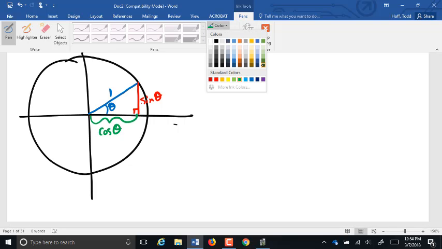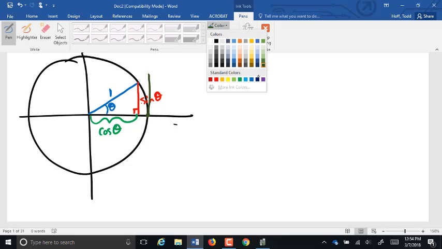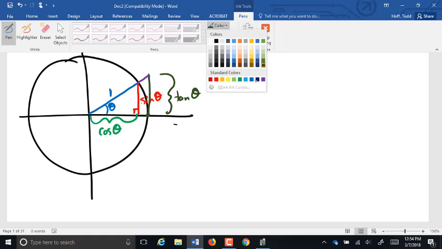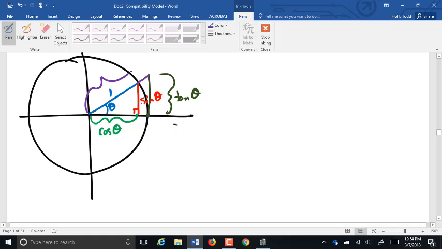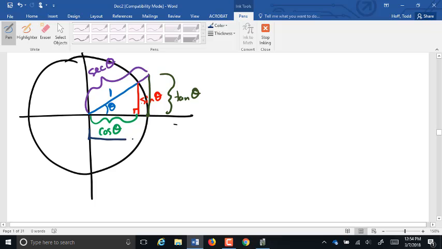But I also have a bigger triangle that's formed here to here, where this length is the tangent of theta. This length is the secant of theta. And of course, down here, this length is 1, right?